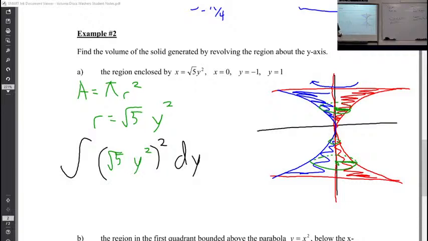And since we are in terms of y, our bounds this time should also be in terms of y. So instead of left bound and right bound, farthest left and farthest right, this time we want lowest bound and highest bound. So our lowest bound, well, this is what sets our boundaries. This is our lowest value for y. This is our highest value for y. So we go from -1 to +1.